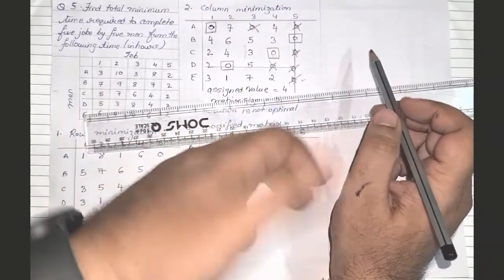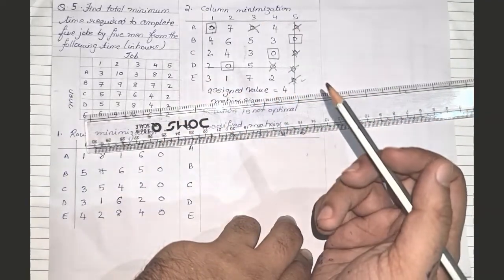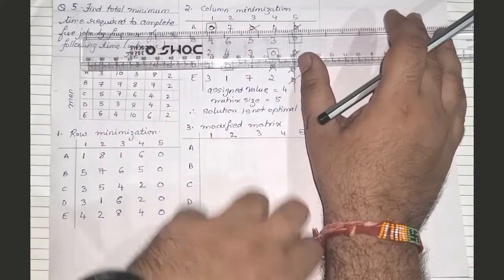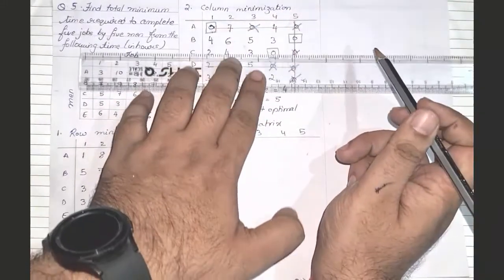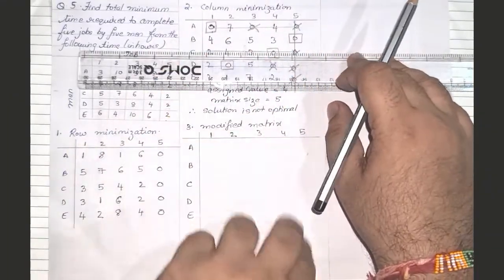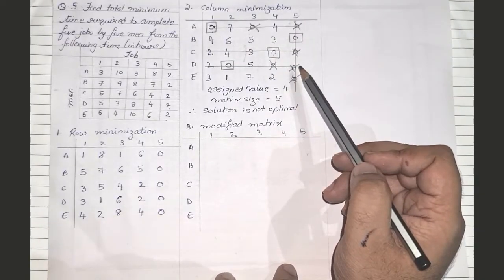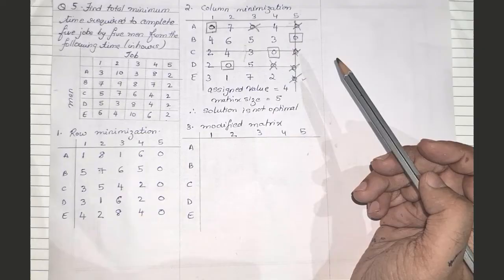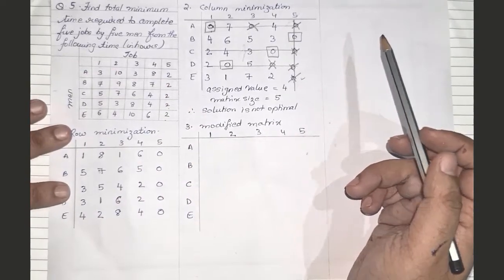After that, check if there are any others. Now row A also has 2, so we will cross out that also. And whatever is remaining is C, so we'll just cross that. That's the last thing which was available. Now if you look carefully, we have 4 lines and the matrix size is 5, so this is surely not an optimal solution.